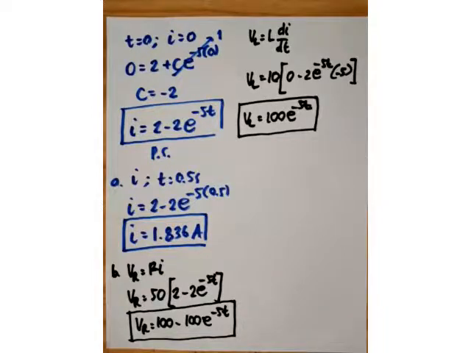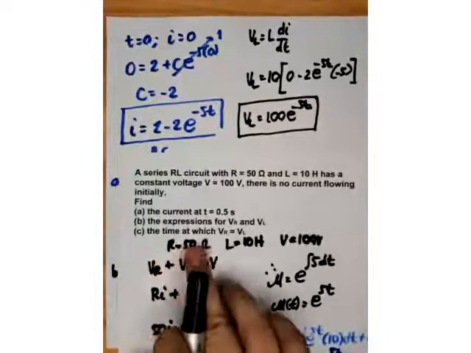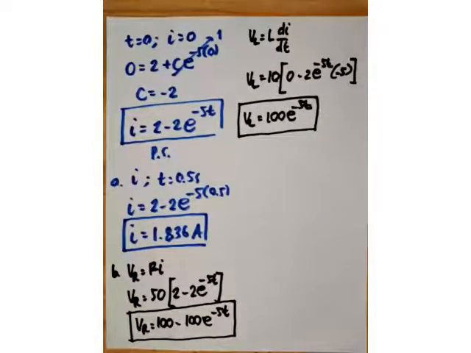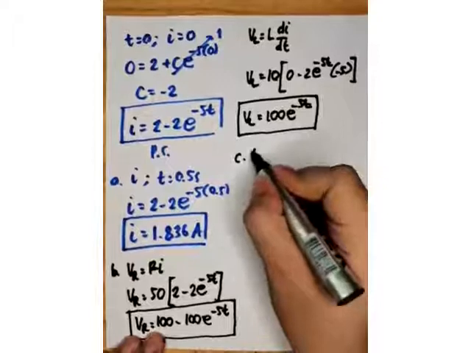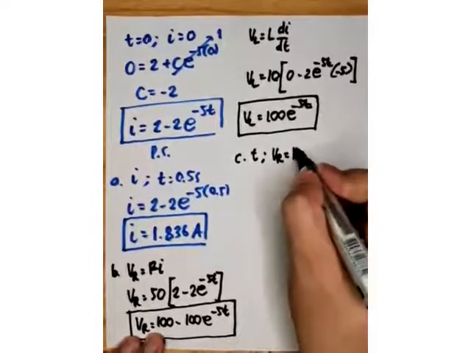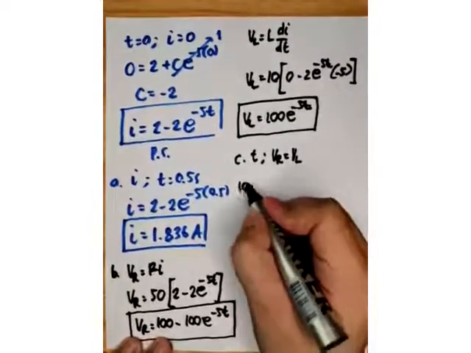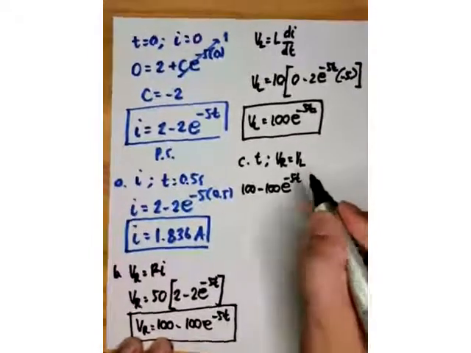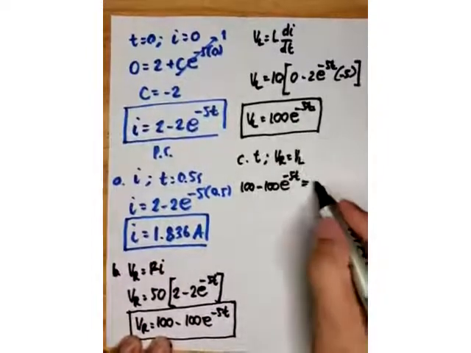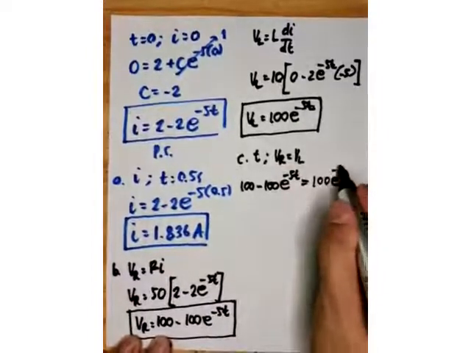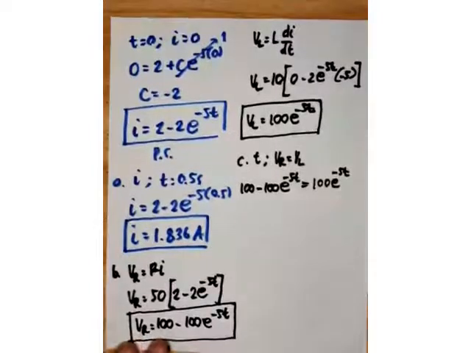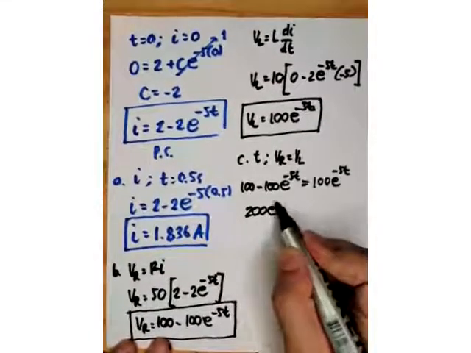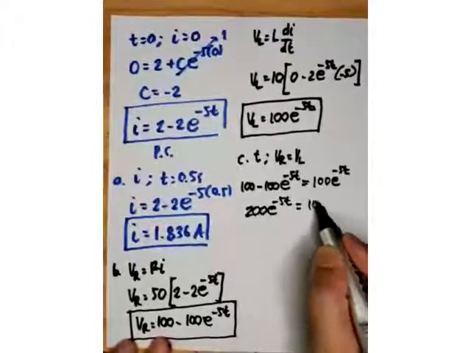And the last one is, what is the time at which VR is equal to VL? Letter C. So VR, that's 100 minus 100 e raised to negative 5t, is equal to VL, which is 100 e raised to negative 5t. Transposing, we get 200 e raised to negative 5t is equal to 100.